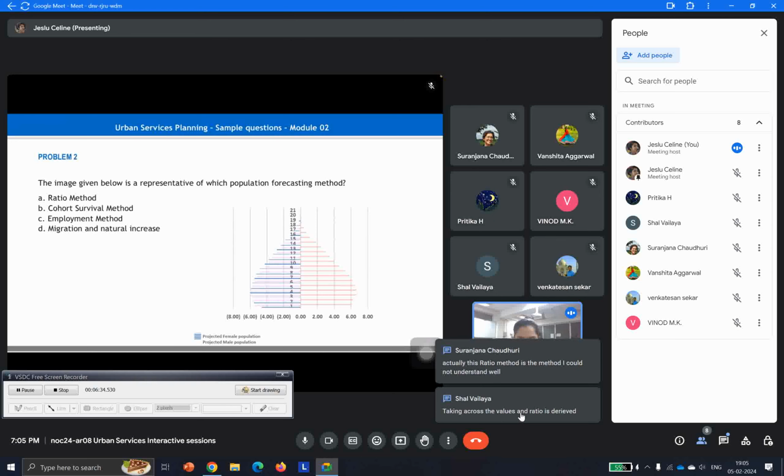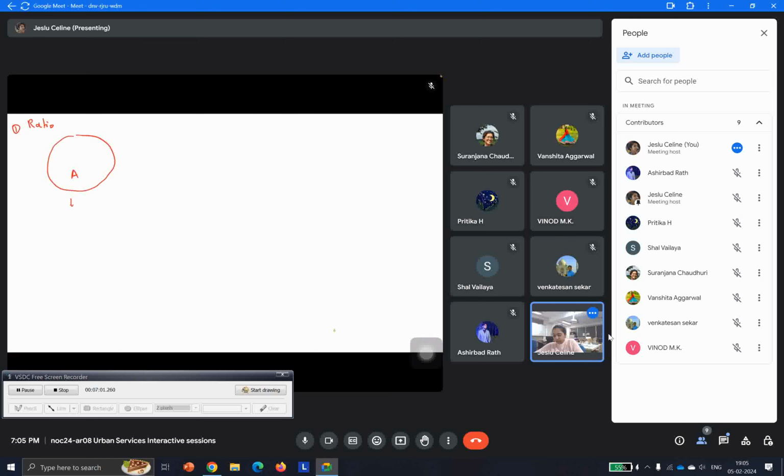So the ratio method says that if a region is growing, I have a large region, my region A. At a particular year T, let's say we are talking about population, the population in this region A is fixed.